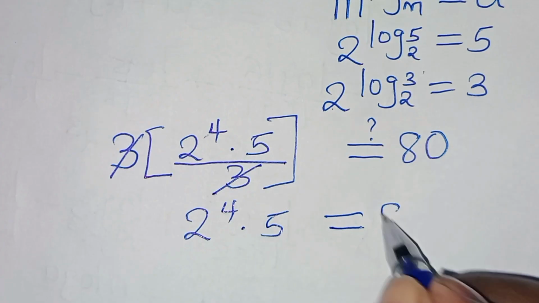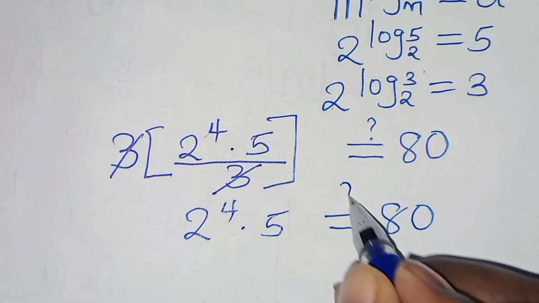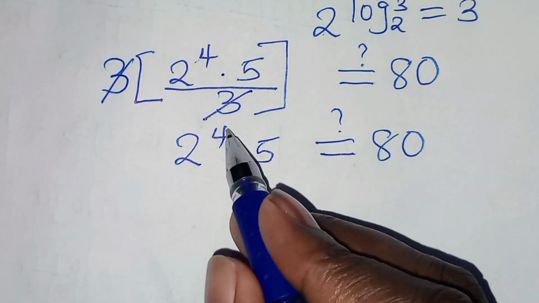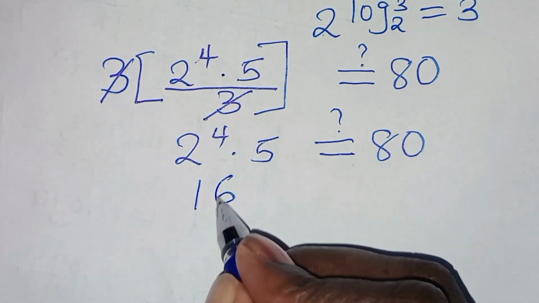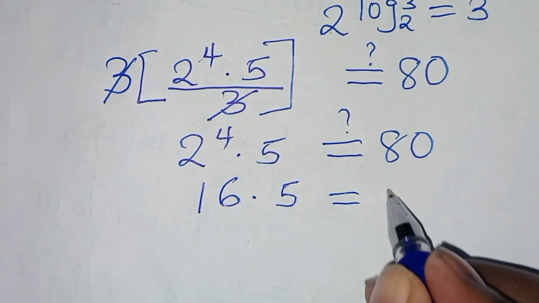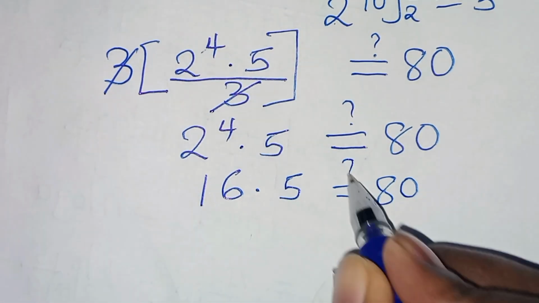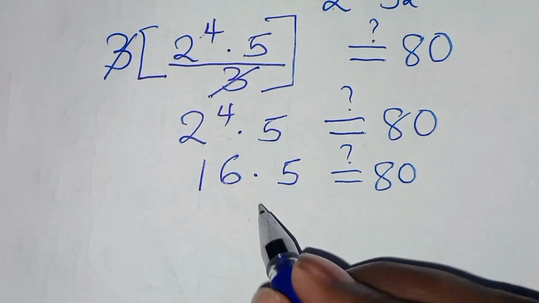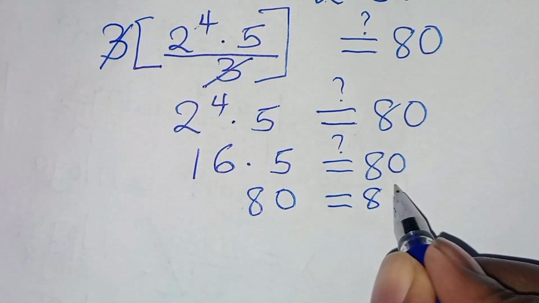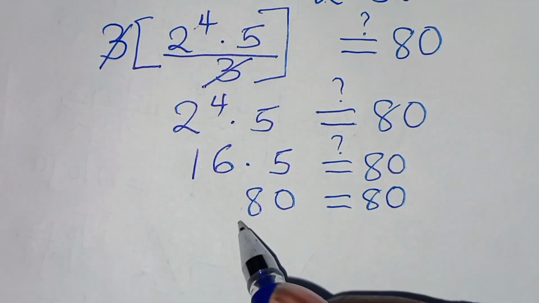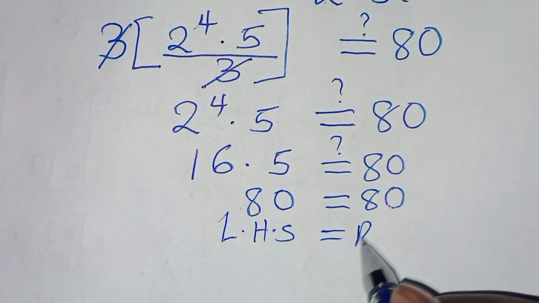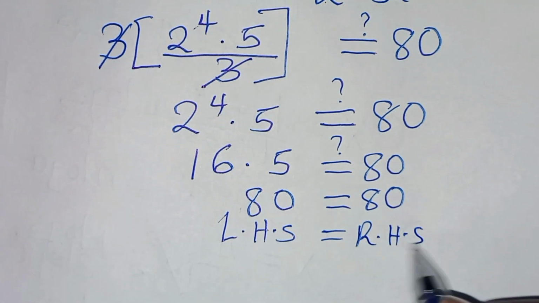This is supposed to give us a value of 80. Now 2 to the power 4 is the same thing as 16, times 5. This is equal to 80. So 16 times 5, this is true, this is 80, and this is equal to 80. So this implies that the left hand side is equal to the right hand side.